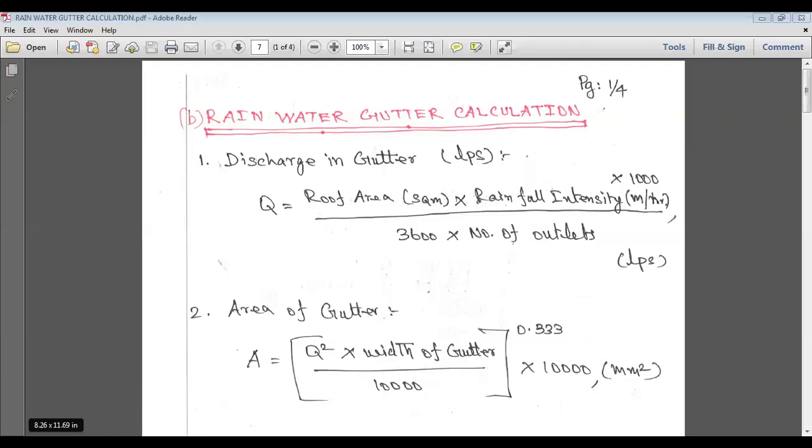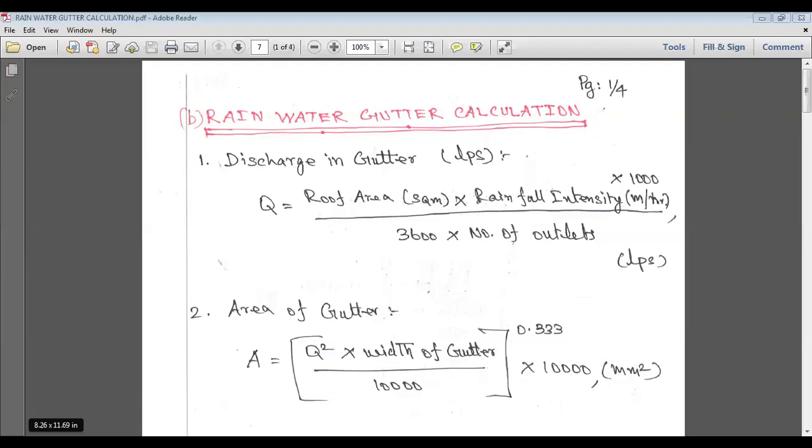Both are the same only; some 5% variation will come, and that 5% variation is allowed for our plumbing network. So you can use either formula for the pipe size calculation. If you are comfortable with Williams formula, you can use that.